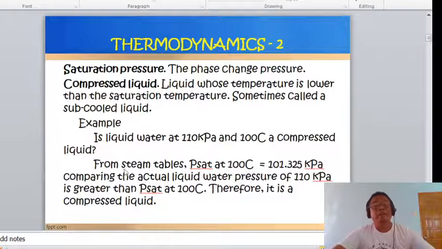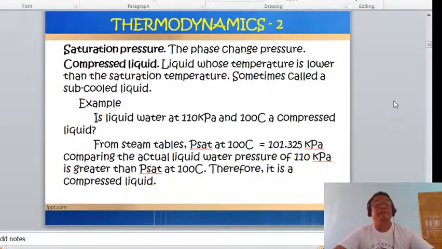If you look at the saturation temperature at 110 kilopascal, you will notice that the value is greater than 100 degrees Celsius. If that is the case, the water is in a compressed liquid state. The liquid is compressed.